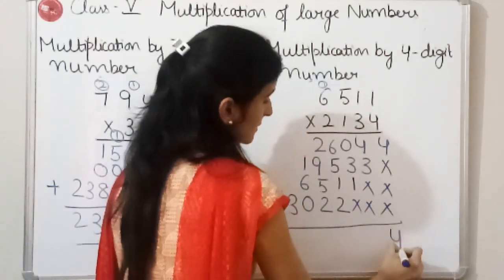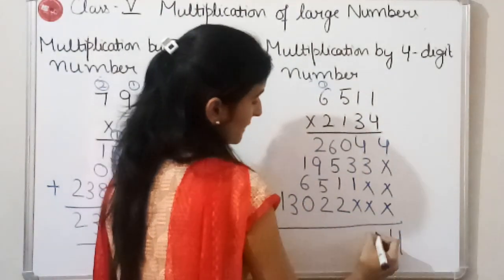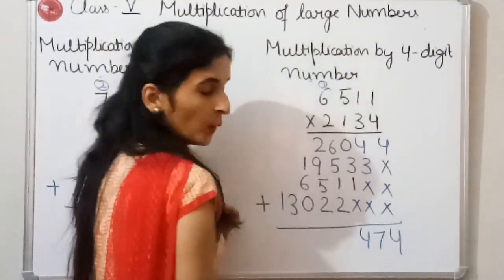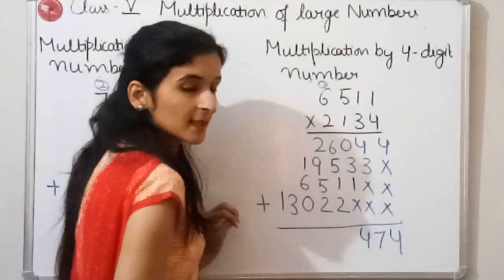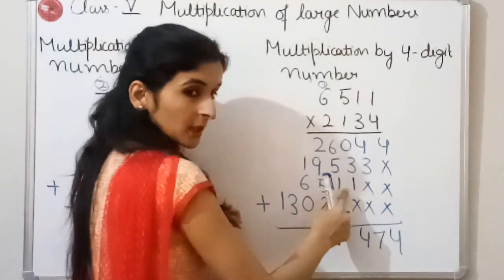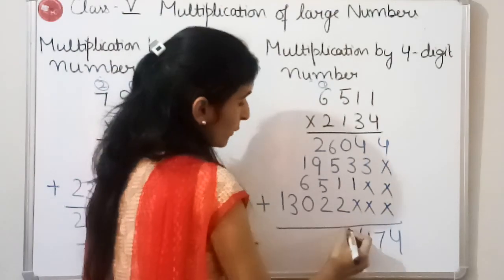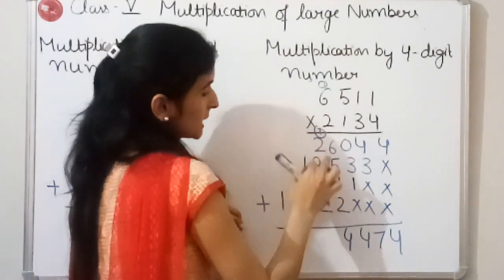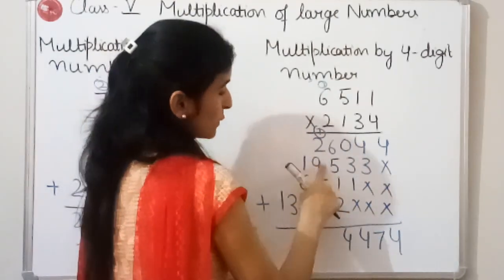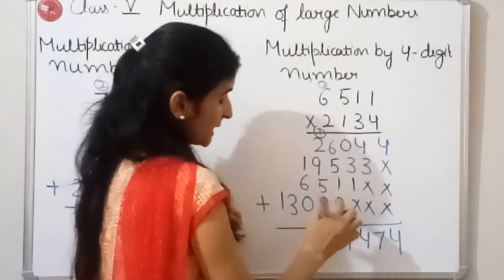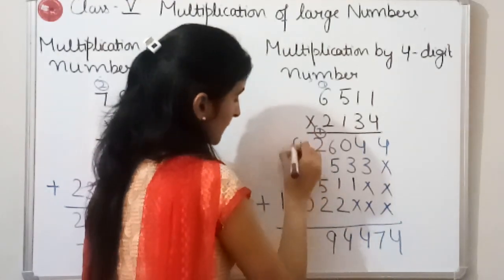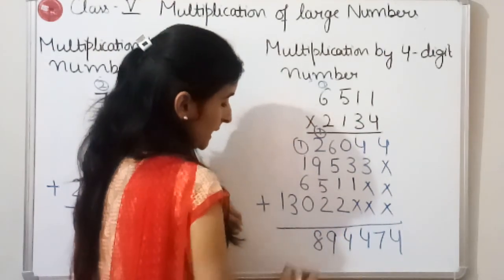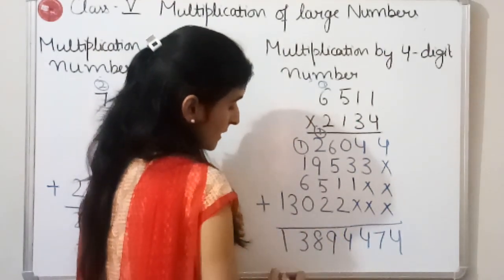4 plus 0 is 4, 4 plus 3 is 7, 3 plus 1 is 4, 6 plus 5 is 11, 11 plus 1 12, 12 plus 2 14, 1 plus 2 3, 3 plus 9 12, 12 plus 5 17, 17 plus 2 is 19, 1 plus 1 2, 2 plus 6 is 8, and this 3 and 1.